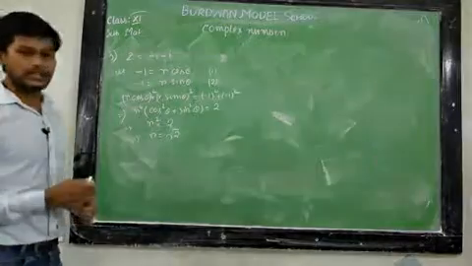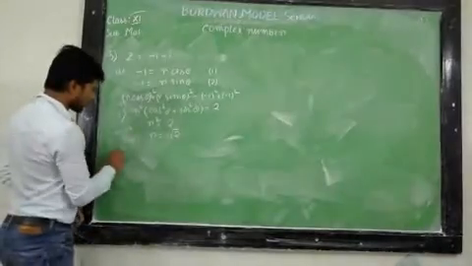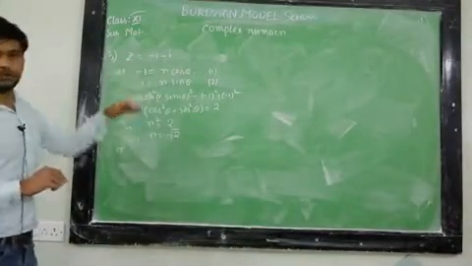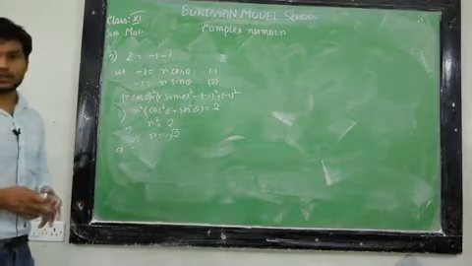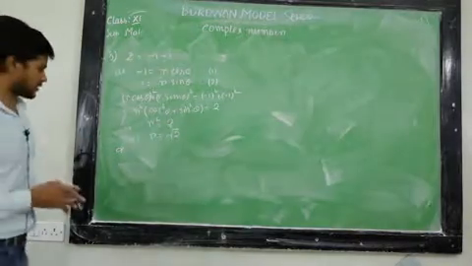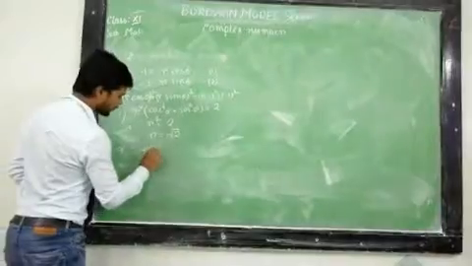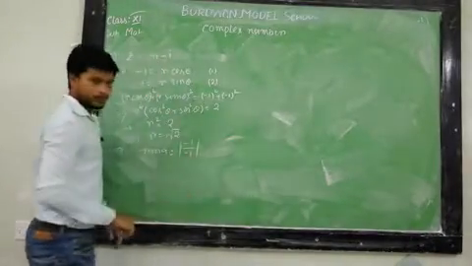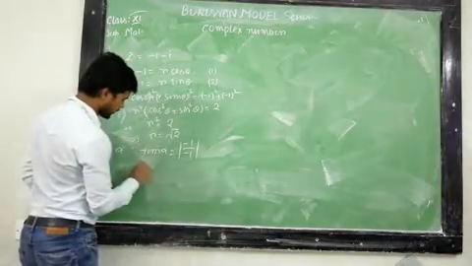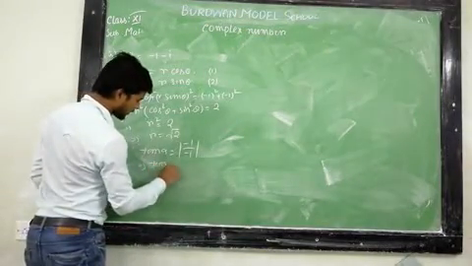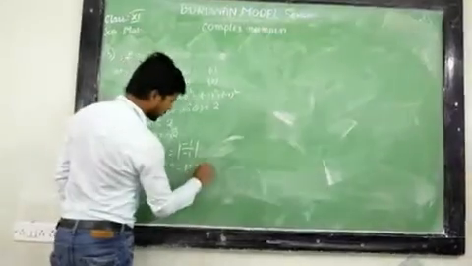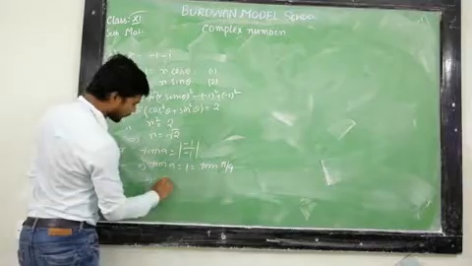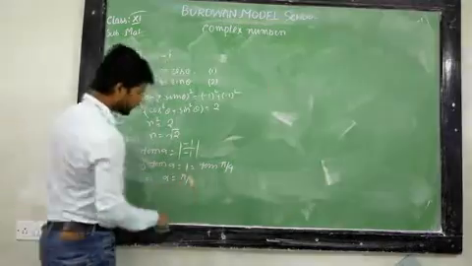Now we have to calculate its argument. Now if alpha is the angle made by the line joining this point to the origin with the positive direction of the x-axis, then tan alpha will be, the formula is, mod of minus of b by a. That means tan alpha equal to 1, which is equal to tan pi by 4, means alpha equal to pi by 4.